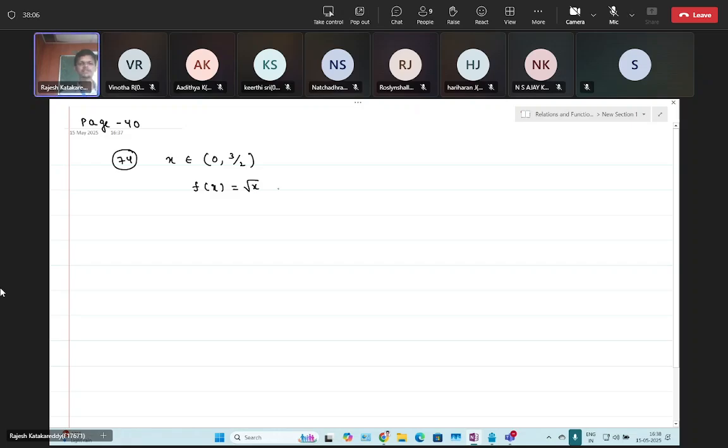And they have given g of x as well, g of x is tan x. h of x is also given, h of x is 1 minus x square by 1 plus x square. Now there is a function defined here, that is phi of x. Phi of x is equal to h composition f composition g of x. I can use the associative property to solve this.